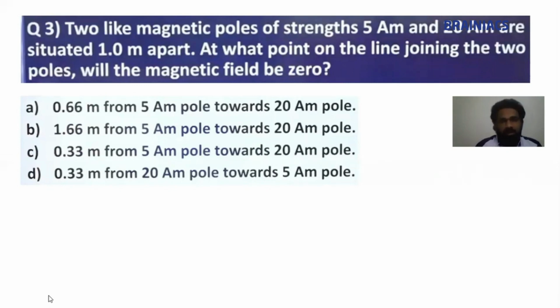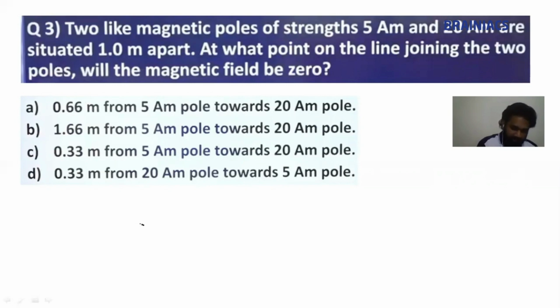Just like we have done with charges, we keep two charges separately, and in between there will be a point where the force will be zero, electric field will be zero. We have seen those kinds of situations, so exactly the same way for this question. So let us consider two magnetic poles.